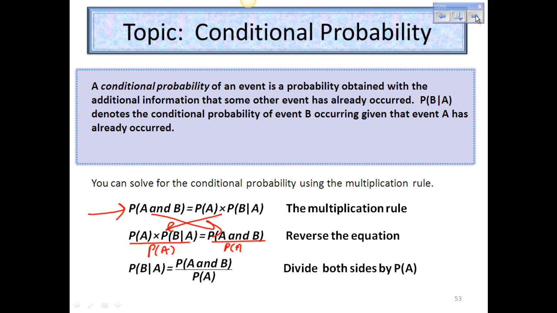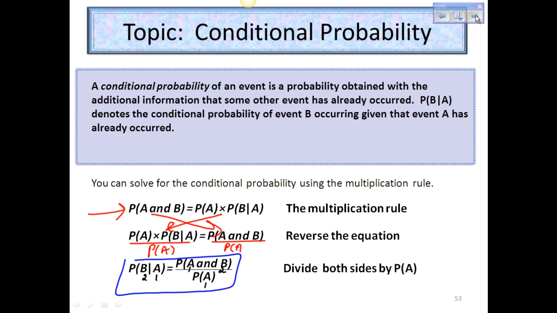We end up with our formula for the probability of B given A. Notice that our A's and B's change order.